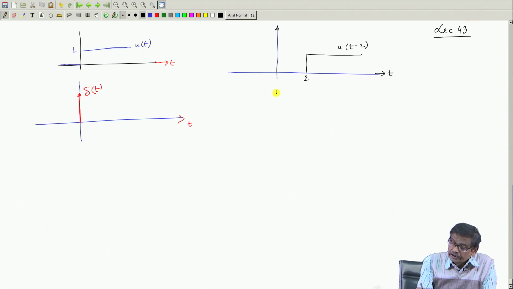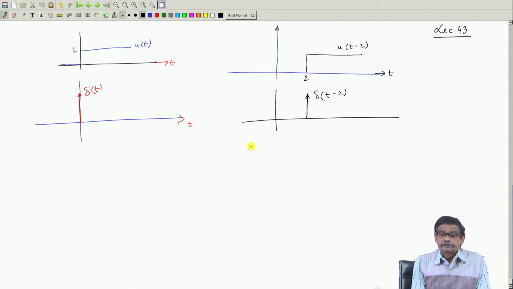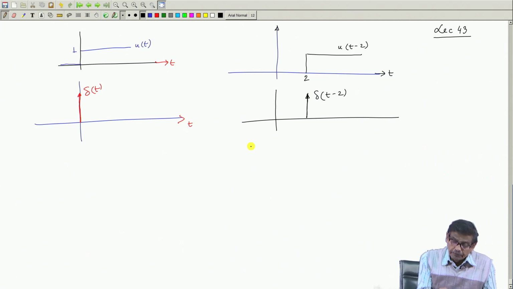Similarly, you can have a shifted delta function here at 2. This can be written as delta(t minus 2). So, this is how these functions were developed.